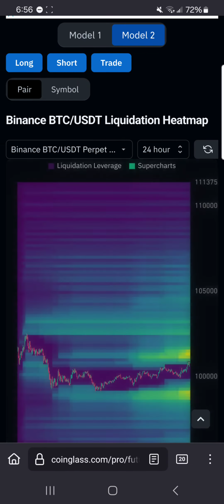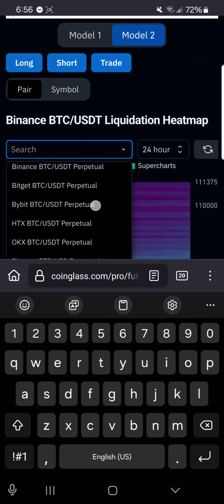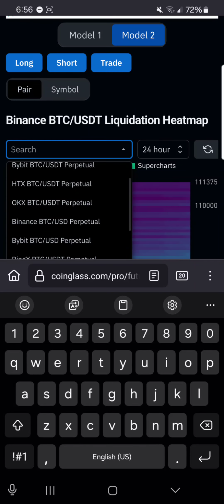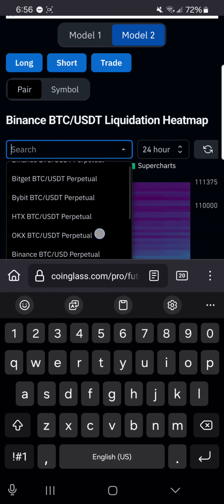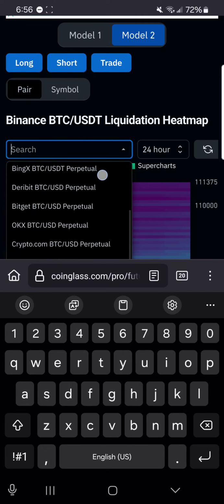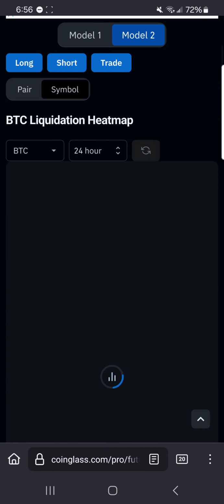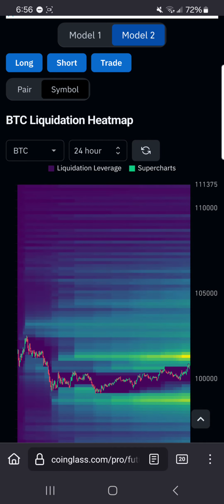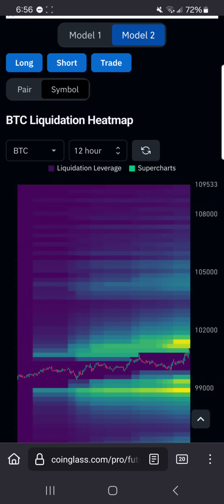Click on that, and it'll do Binance, all these choices, different exchanges and different pairs. You could do that, but I like to go on the symbol. By default, it goes on 24-hour. I don't really like that as much as the 12-hour. The 12-hour really tells you what's going on.